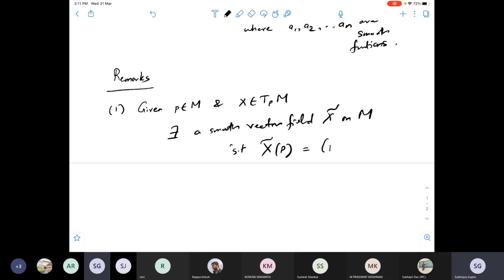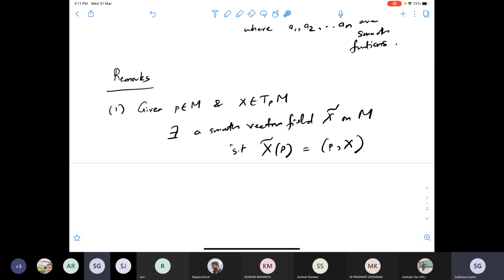Maybe I should write P comma x if you want to think of a section, as you were mentioning, but usually I'll forget about that. What it really means is that at every point you want a vector.